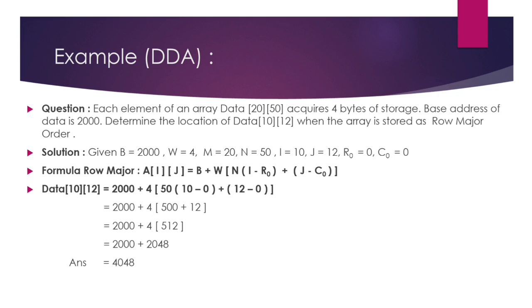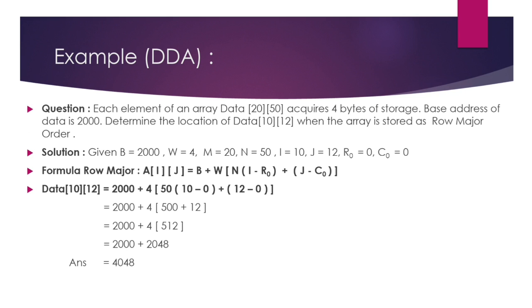See the question. Each element of an array named data, which contains number of rows, means 20 rows, 50 columns. M is 20, N is 50. From the question onwards, you have to pick the elements that we have in our formula. You have to start picking them. It acquires 4 bytes of storage, means our W is 4.